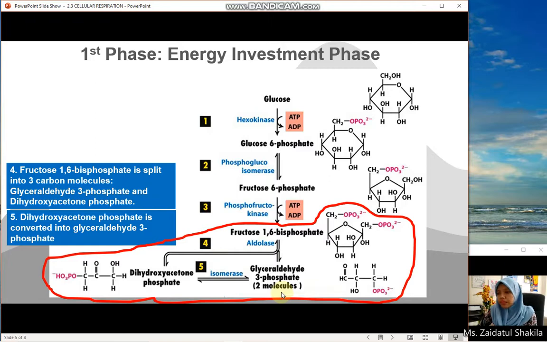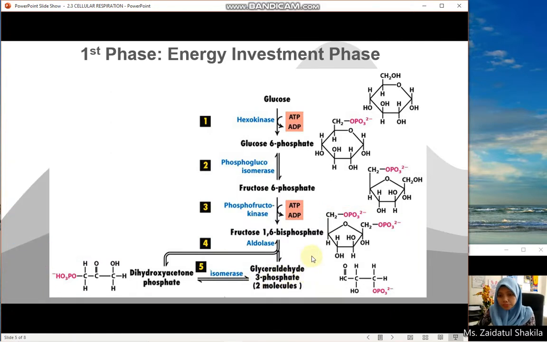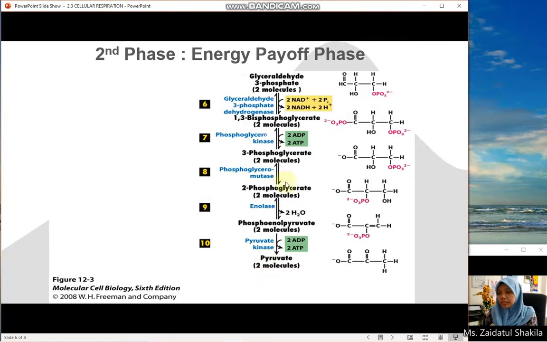So now we have 2 molecules of glyceraldehyde 3-phosphate. Note that in the energy investment phase, 2 molecules of ATP are used to convert glucose into 2 molecules of glyceraldehyde 3-phosphate.